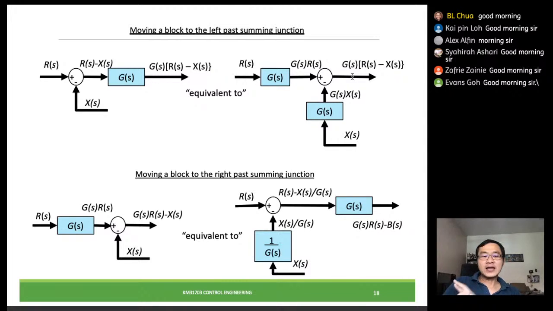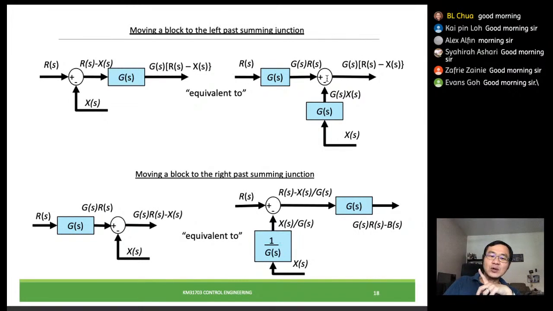So remember, when we move it out before the signal comes into the summing junction, we add the block to every single signal coming in.